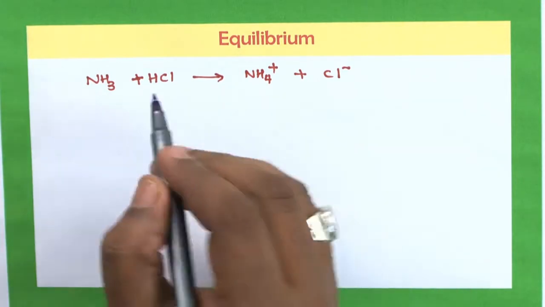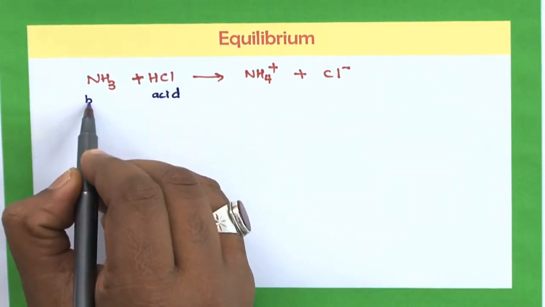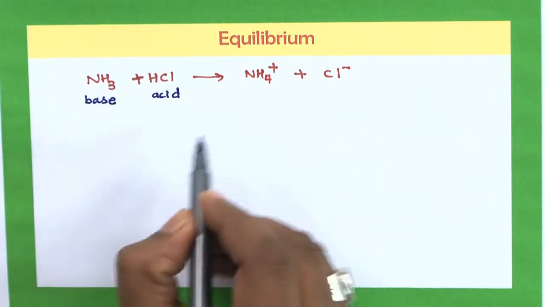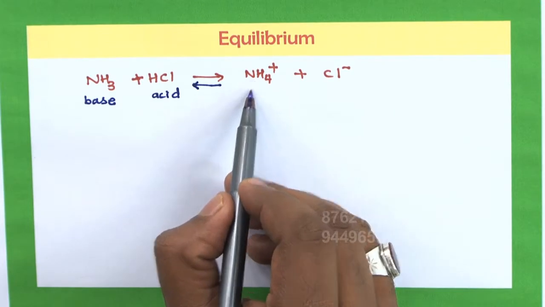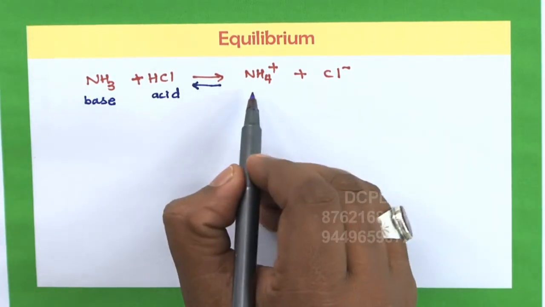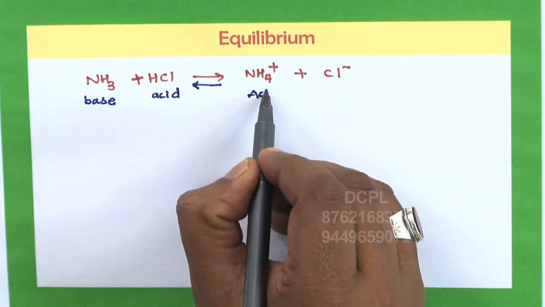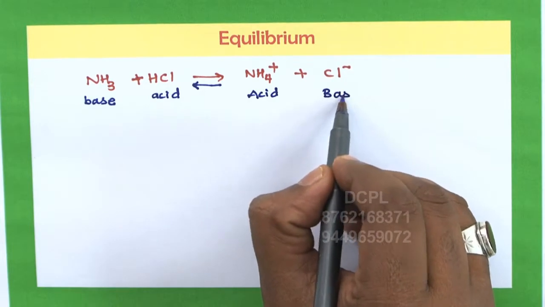So HCl is a proton donor, hence it is an acid. Ammonia is a proton acceptor, hence it is a base. If you carefully examine the reverse reaction, ammonium ion has donated a proton to form ammonia. So in the reverse reaction, ammonium ion is an acid, and Cl minus has accepted a proton, hence it is a base.